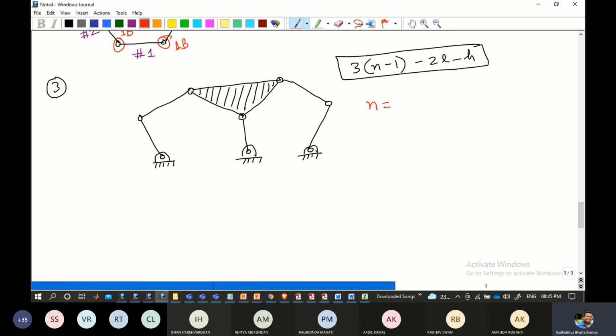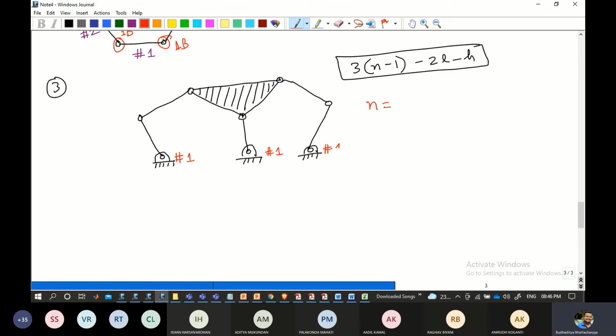Please make a note of this: although this particular end and this particular end are lying in different places, ideally they are all grounded. So as per the rule, this grounded part is basically one link.